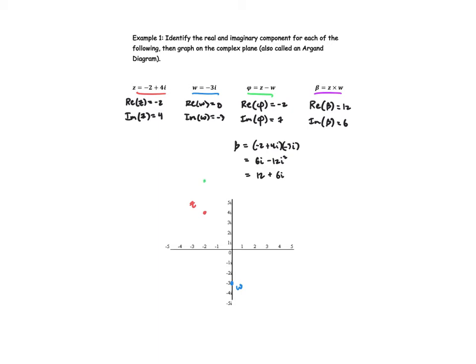We don't have that on our Argand diagram, but here's where psi would be. And beta, the real component of 12, imaginary component of 6. Let's go way out here to our real component of 12 and our imaginary component of 6. That would be beta. That's how you plot based on a very inaccurate Argand diagram, which did not expand to the values that I intended it to, so my bad.